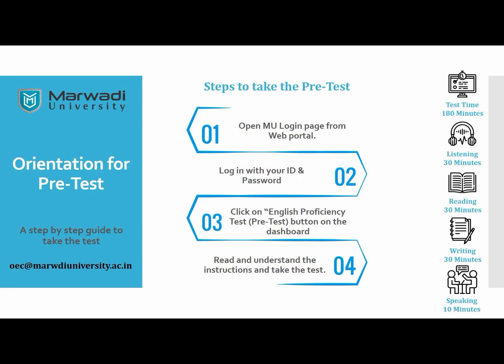After that, you can select any module from listening, reading and writing, and step by step, you can complete these 3 modules. As mentioned earlier, the speaking test will be conducted after completion of this LRW, that is the listening, reading and writing modules.